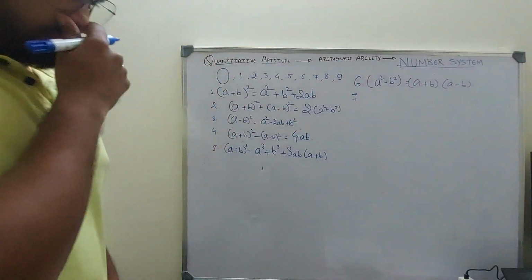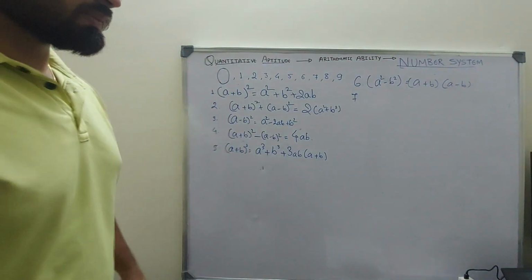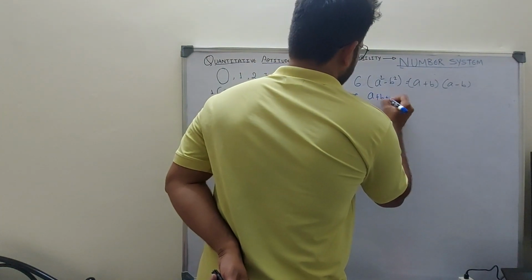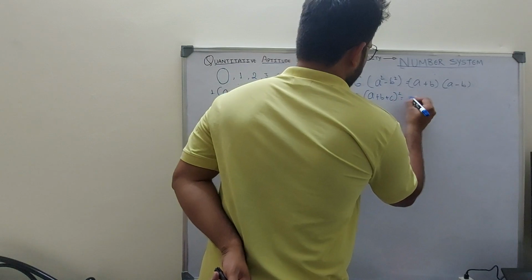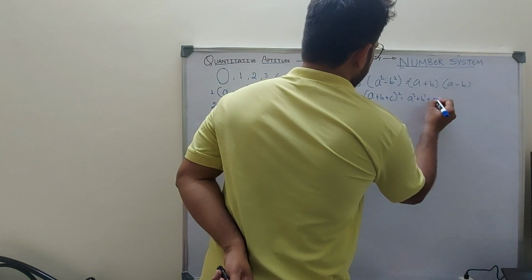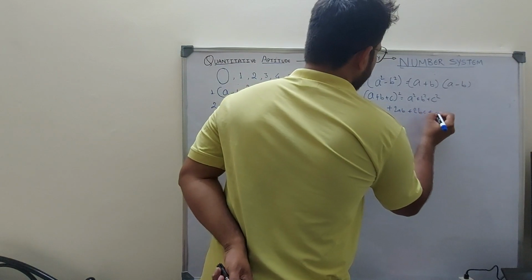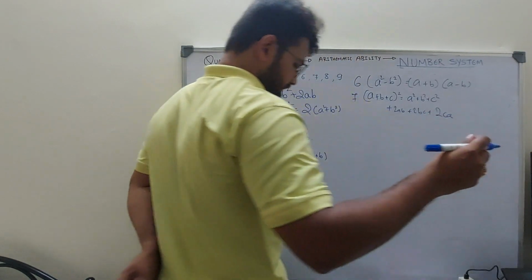Then one more formula, (a plus b plus c) square is a square plus b square plus c square plus 2ab plus 2bc plus 2ca.